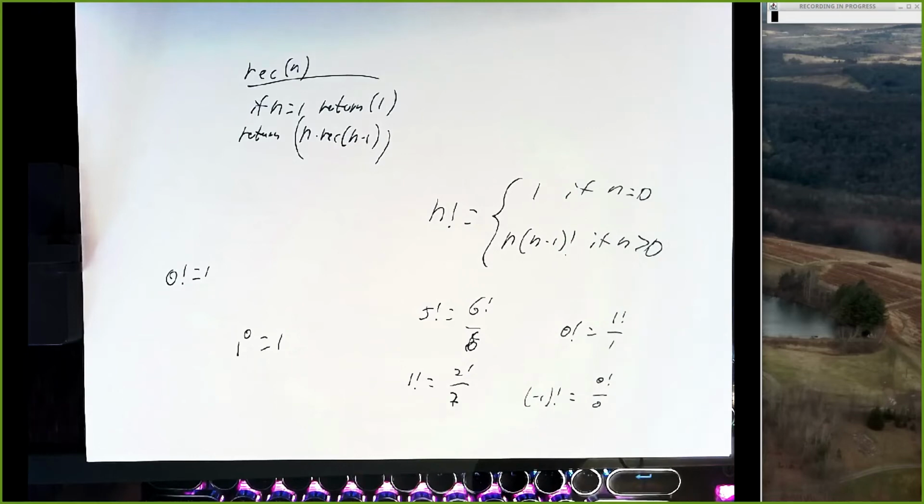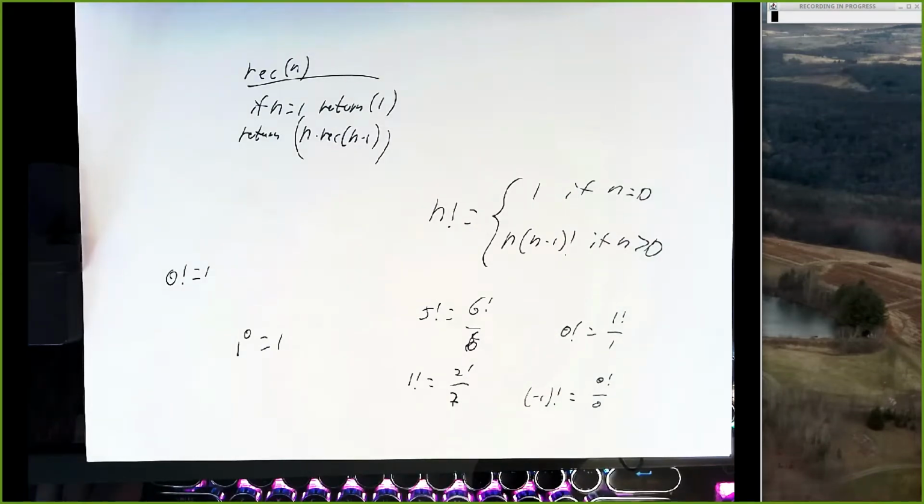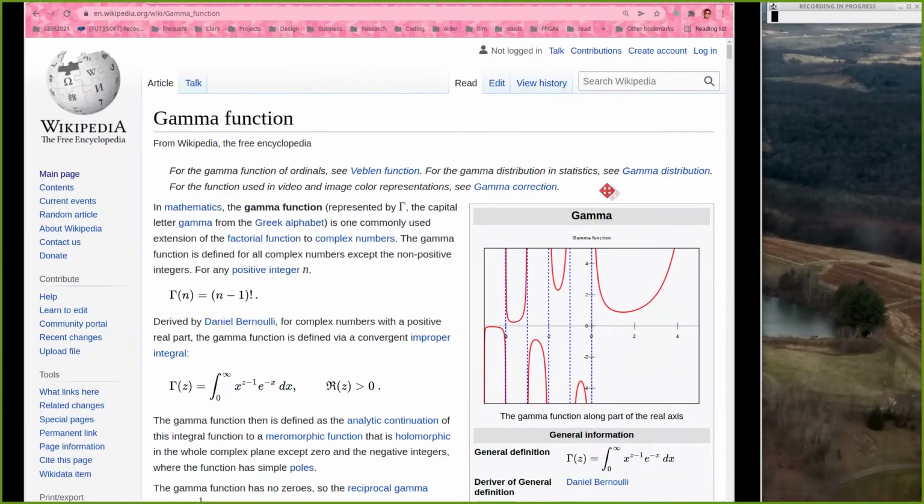It approaches both infinity and negative infinity. I got a neat little math error on my calculator. And there's this thing called the gamma function. The gamma function is a definite integral, an infinite integral. Gamma z is the integral of x to the z minus 1 times e to the minus x. This function has the marvelous property that gamma n is the same as n minus 1 factorial.